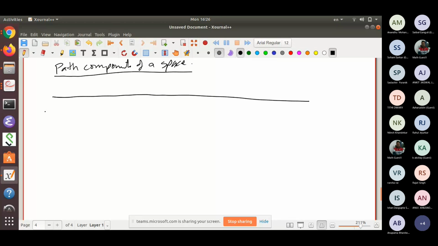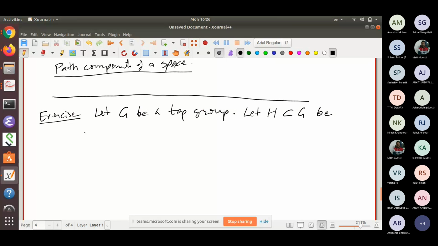Okay. Exercise. Let G be a topological group. Let H be a normal subgroup of G, and consider the map G to G mod H, the group quotient.